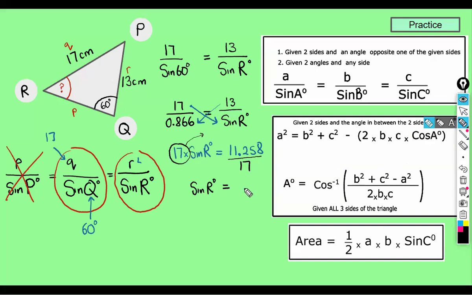Just type it in on your calculator. When we divide 11.258 by 17, how much are we getting? 11.258 divided by 17 to 3 decimal places is 0.662.